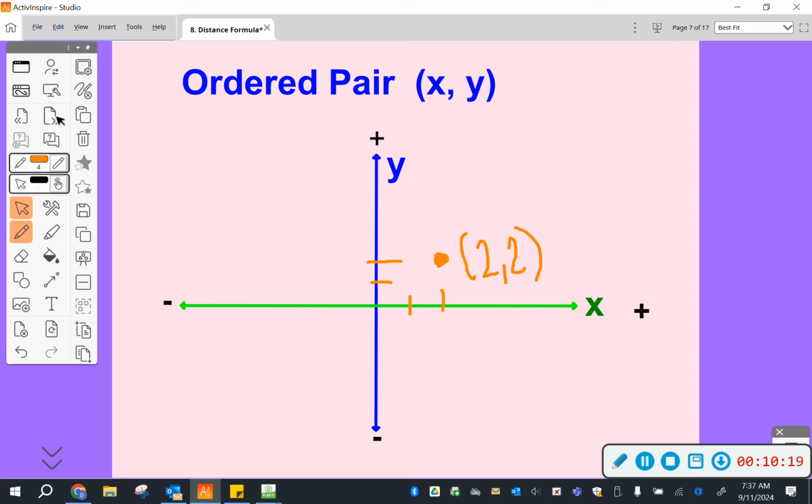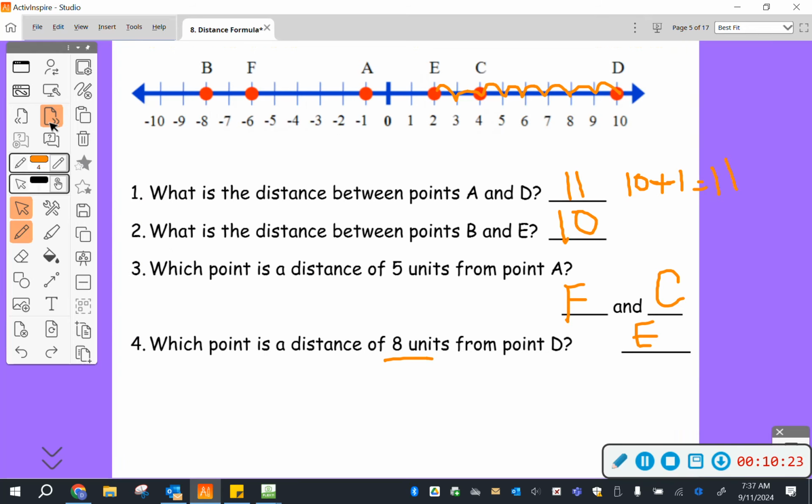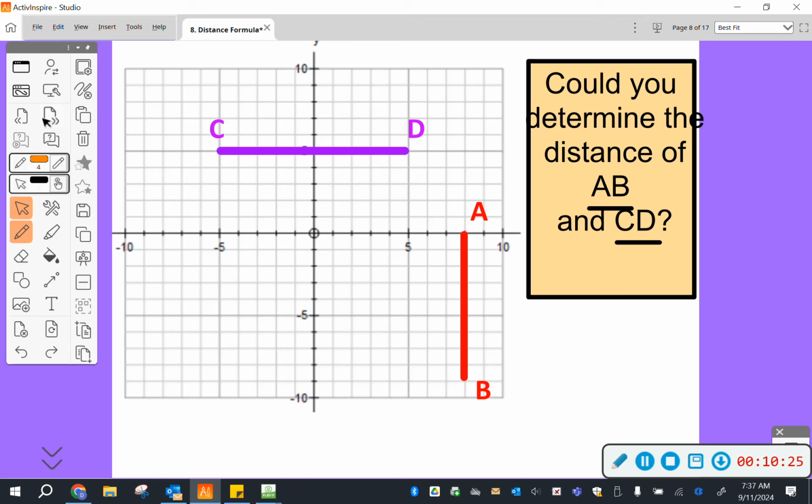And what if instead of doing a number line like we just did, I gave you some points on a graph? This is not on your paper, so you're just looking up, please. Could you tell me the distance from C to D?